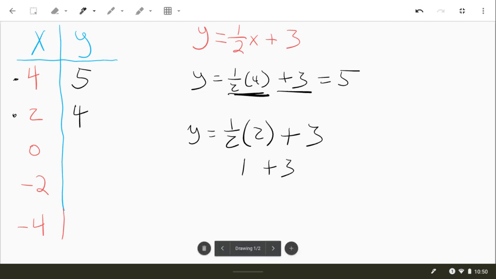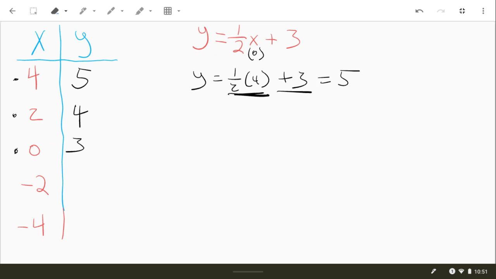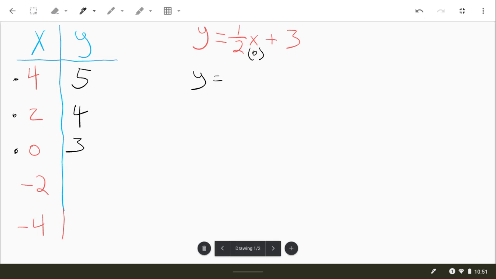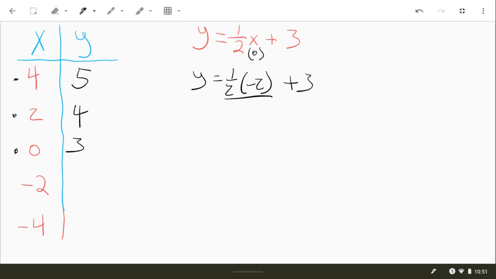And then plugging in 0 for x here, this is going to be easy. 1/2 times 0, that disintegrates like Spider-Man, and then plus 3. So you get a 3. All right. And then next one, we're going to plug in -2 for x. So 1/2 times -2. Half of -2 is equal to -1.